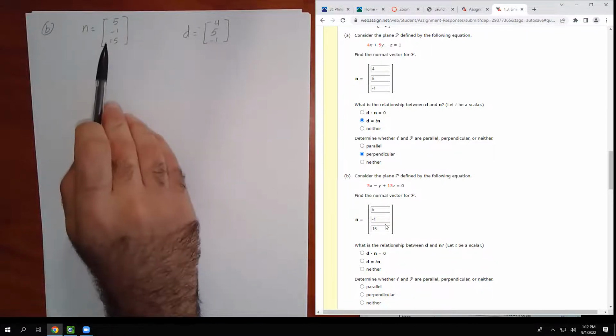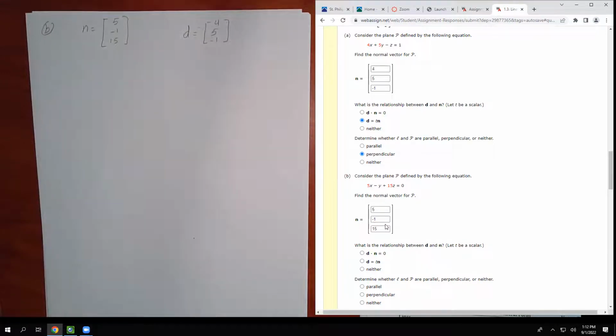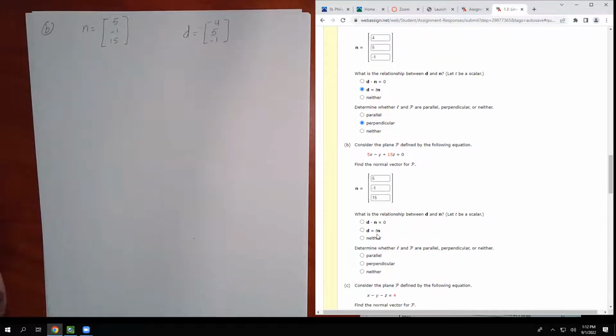So let's try to multiply. This option is not going to work. Let's check the multiplication. Is the multiplication equal to 0? So let's check that.